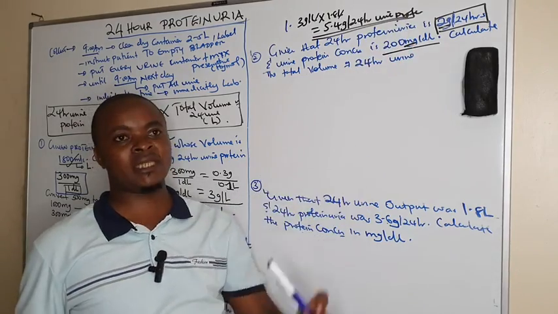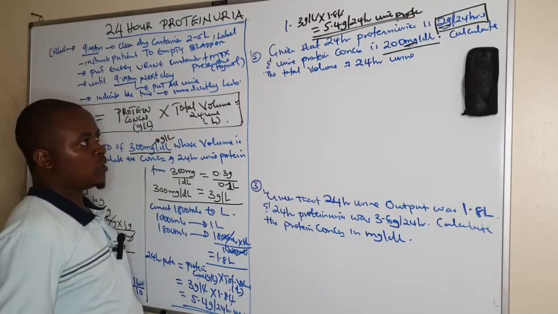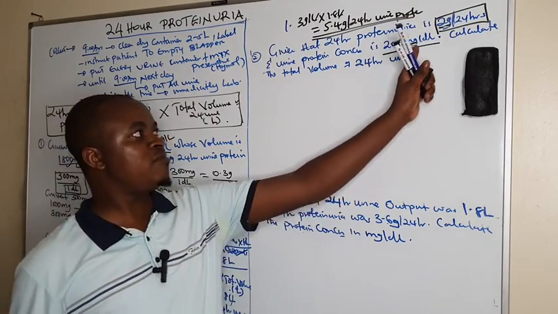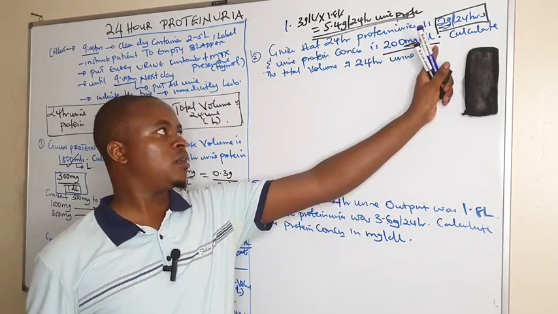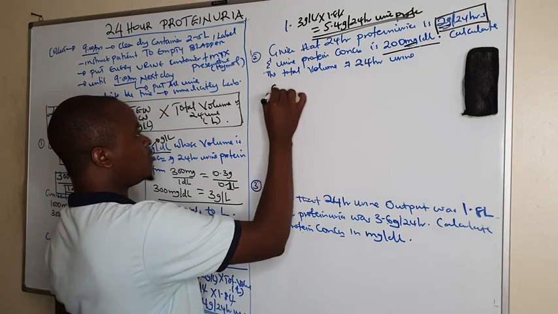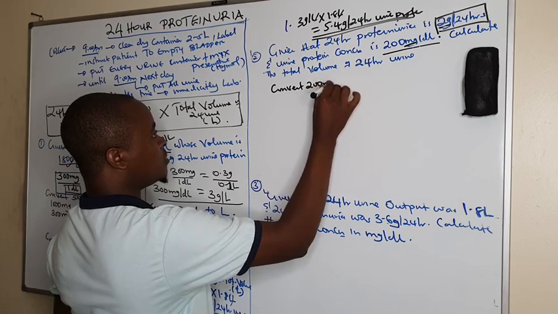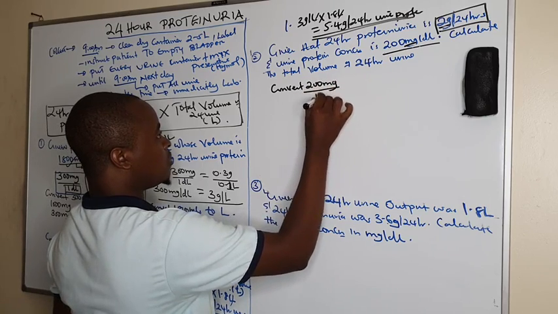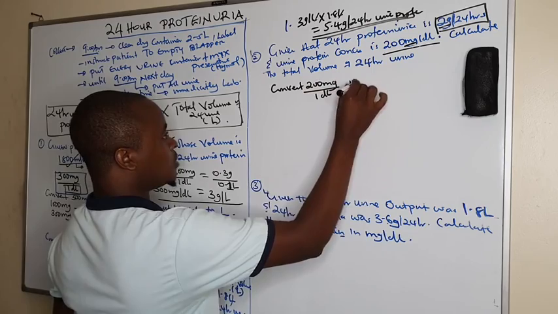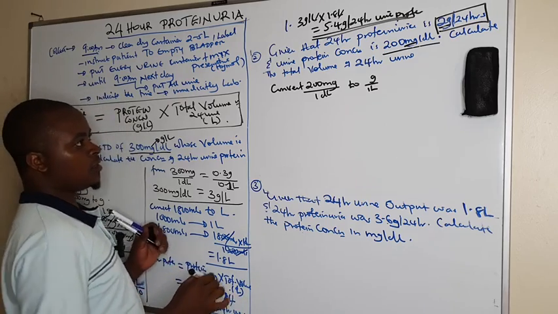So the first thing I'm going to do is convert 200 milligrams per deciliter to grams per liter: 200 milligrams over 1 deciliter to grams over 1 liter.